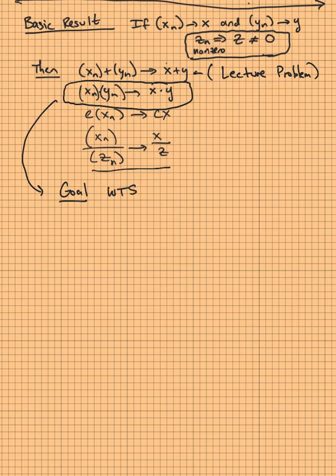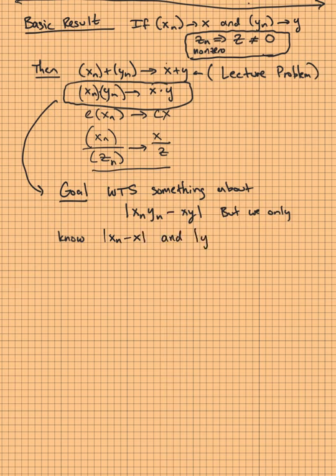We want to show something about the terms xn yn minus xy, but we only know something about xn minus x and yn minus y, when n is very large.